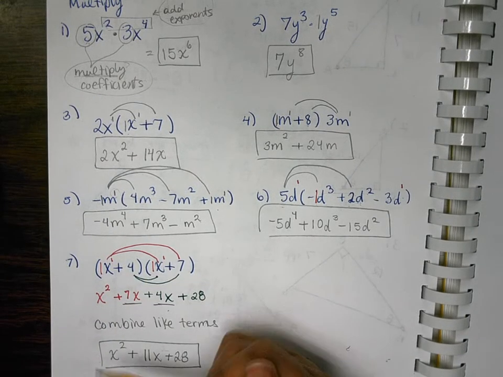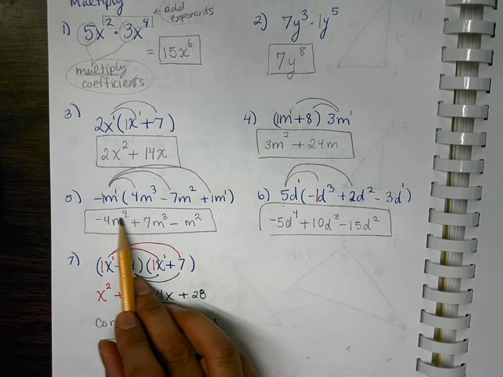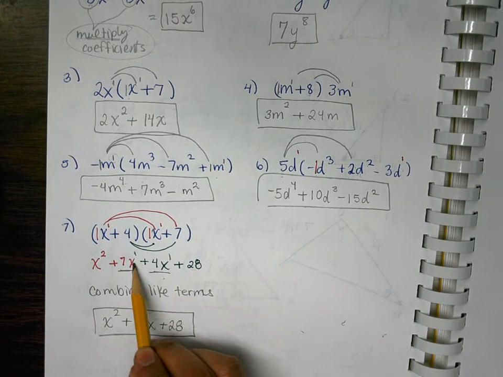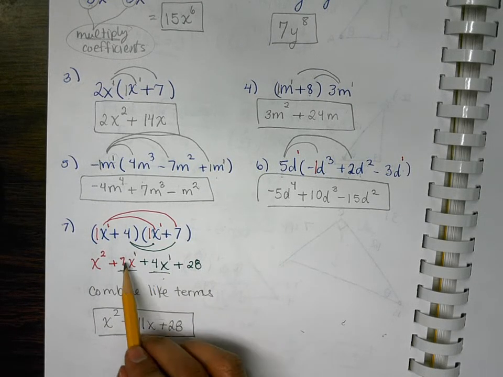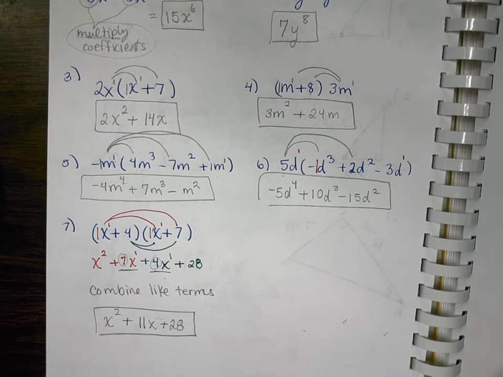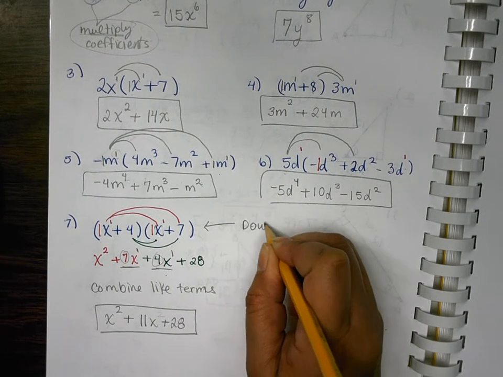You can't. I always have kids add them and then say, oh, 4 plus 3. No. When you're adding like terms, 1, you can't add them if they don't have the same exponents. 2, when they do have the same exponents, do you add the exponents? No, just the coefficients. All right?